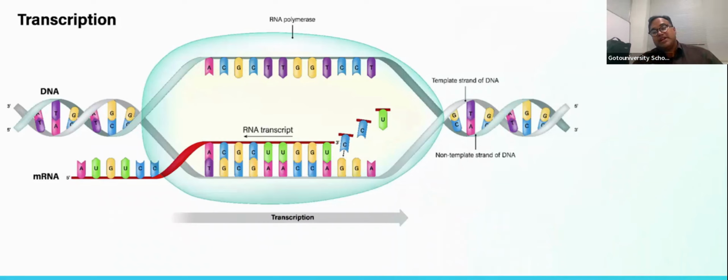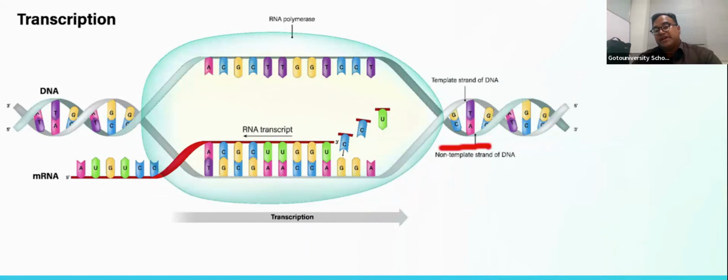Don't have this type of diplomatic mind, and be very strict in conveying the message. Okay, now we are coming to the next phase of explanation, the non-template DNA, which is not the DNA for making RNA.